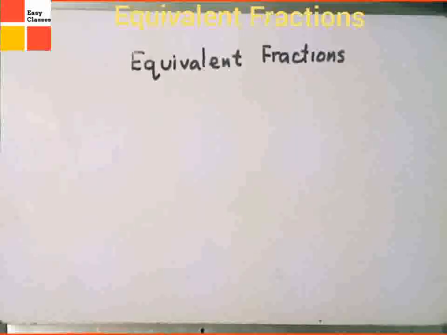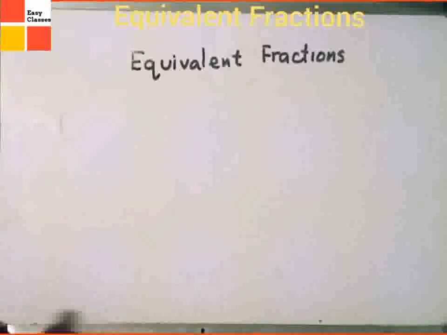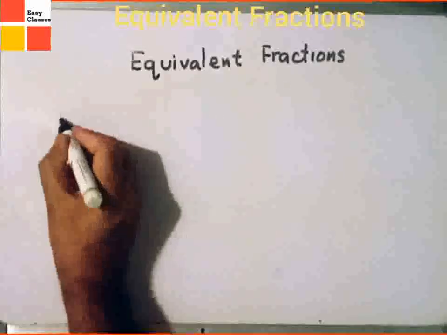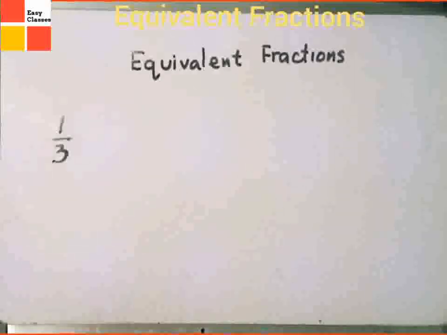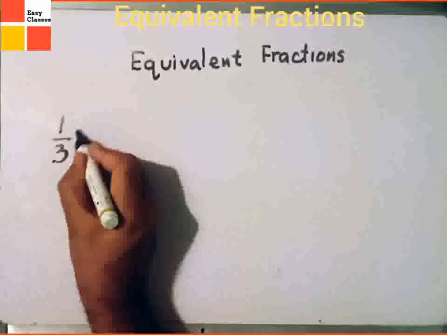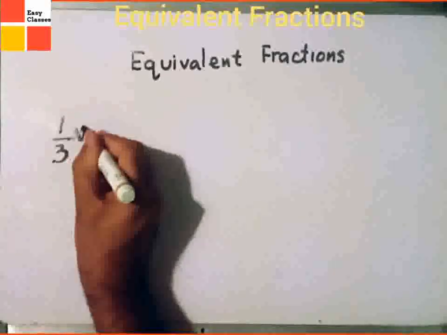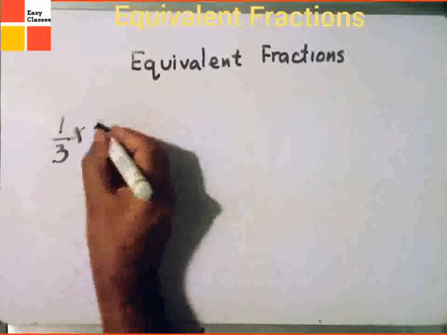Now for example, you are given a fraction 1 by 3 and you are asked to obtain its equivalent fractions. One way of getting equivalent fractions is by multiplying the same number to its numerator and denominator.